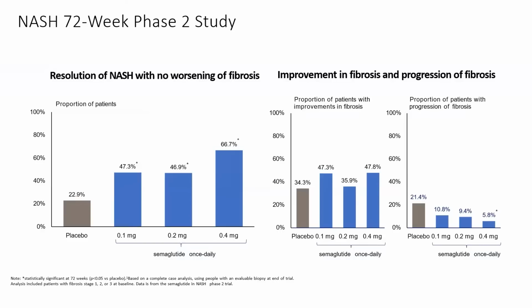But there was no improvement in liver fibrosis, which is probably related to the fact that semaglutide has no receptors in the liver. There are no GLP-1 receptors on the hepatocyte, for example. So the effects are mediated by weight loss, and then you hope that the liver will heal itself through the process of fibrolysis. But that may take longer time, and maybe that's why we did not see the effect on fibrosis.